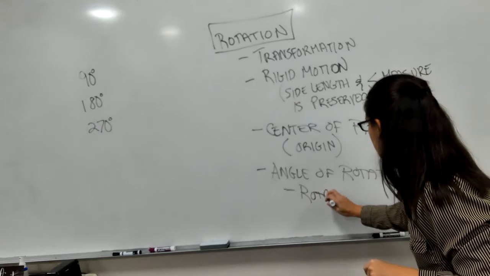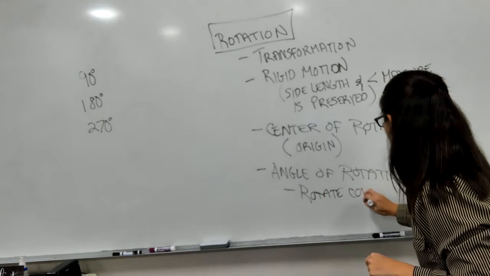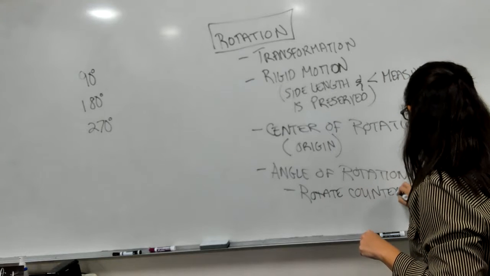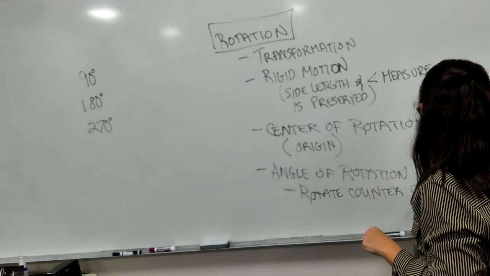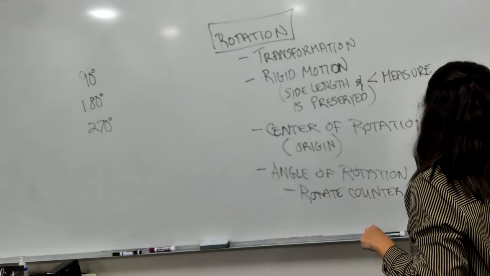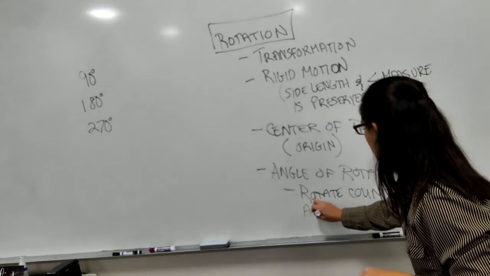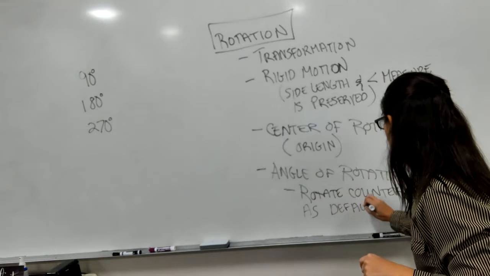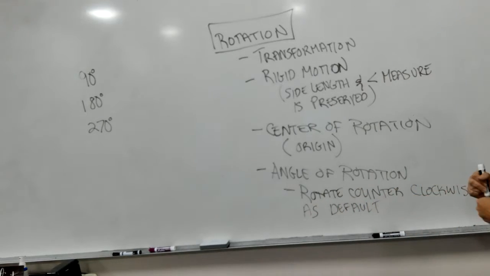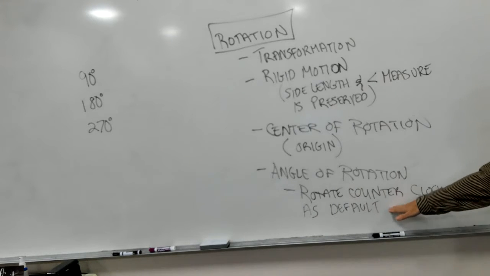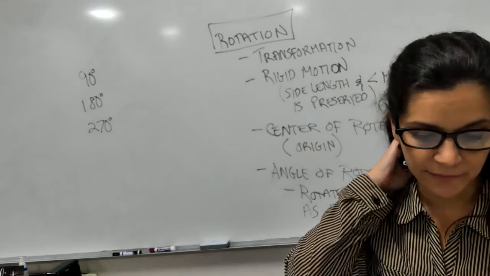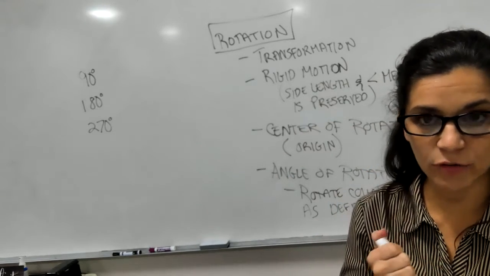Counterclockwise is to the left, because the clock goes that way. You will have some questions that say rotate something clockwise, but unless it tells you differently, your default is counterclockwise. So let's look at a 90-degree rotation.